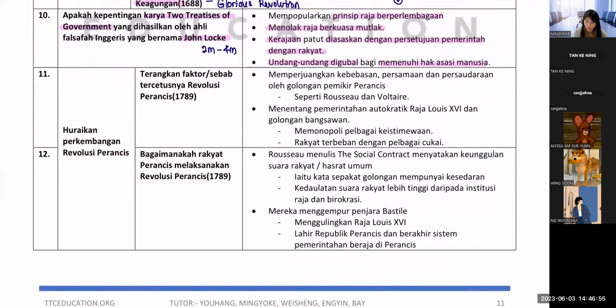Okay. Then we go to revolusi Perancis, perkembangan. Faktor or sebab tercetus. Basically is they want to fight for what? Memperjuangkan kebebasan, freedom, persamaan, same rights, and everyone is a family. According to golongan pemikir Perancis known as Rothschild and Voltaire. And then, other than that, they reject autocratic government by Raja Louis XVI and the upper class people.